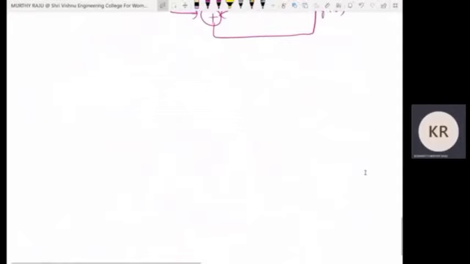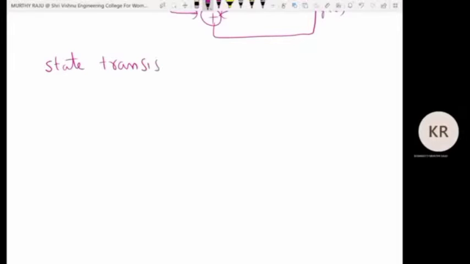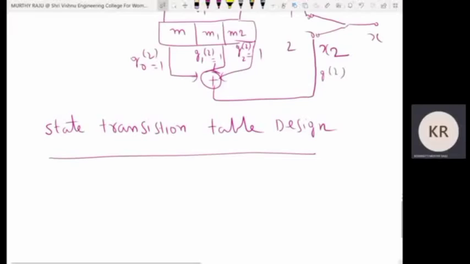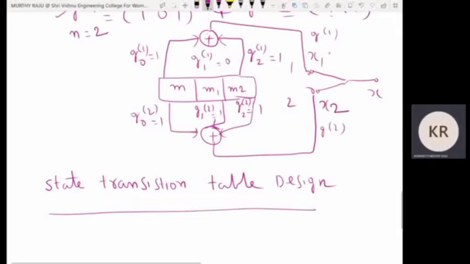State transition table design. Here X1 is equal to M exclusive OR with M2.